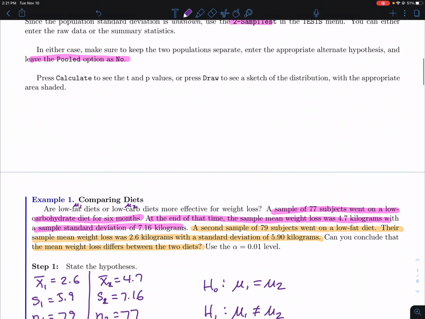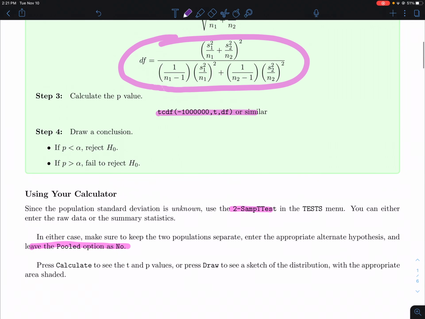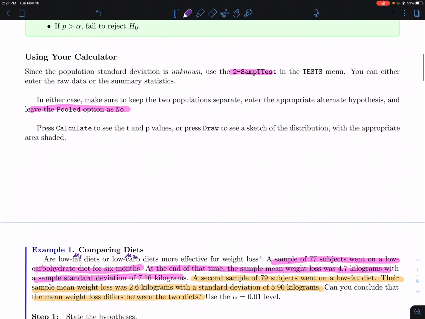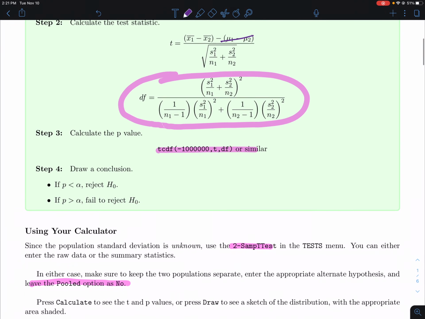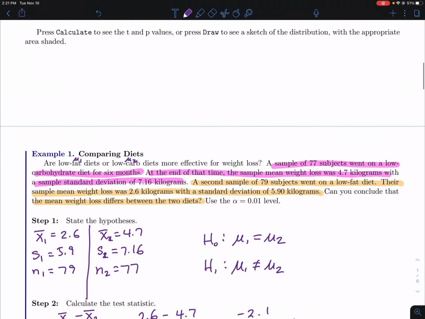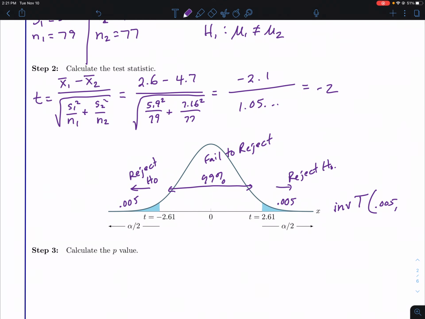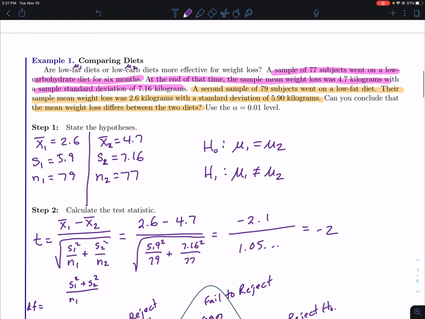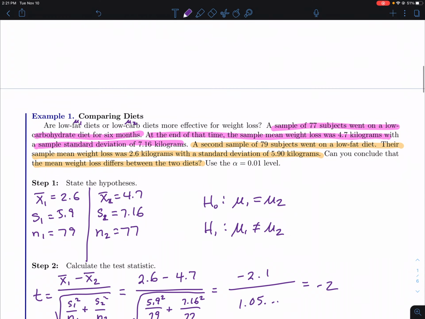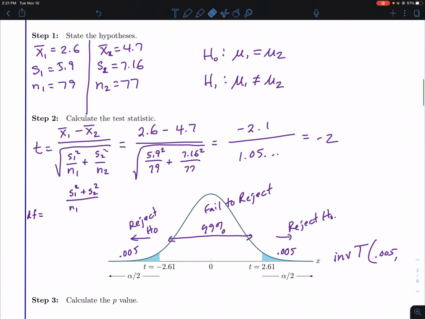Let me write down the formula here so I don't forget it. Degrees of freedom equals S1 squared over N1 plus S2 squared over N2, not one big fraction, and then this whole thing squared.